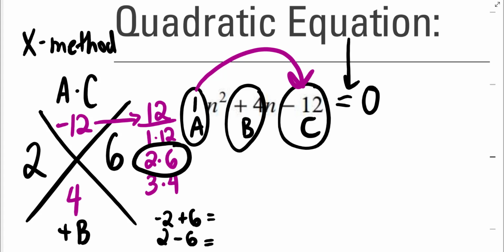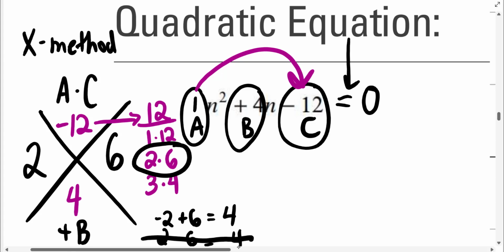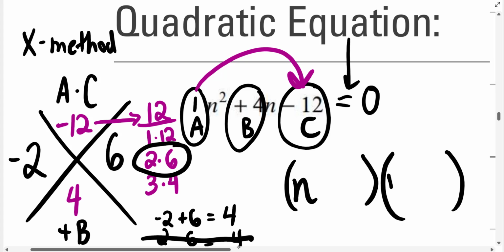So you're going to try both of these out. You can type them in the calculator, or you can just use your mind. For the first one, -2 plus 6 is the same as 6 minus 2. That would be +4. 2 minus 6 would be -4, and that doesn't work. So I know that the negative has to be with the 2. Then we're going to write out the final answer with 2 sets of parentheses. We're going to use the variable in the problem, which in this case is n.